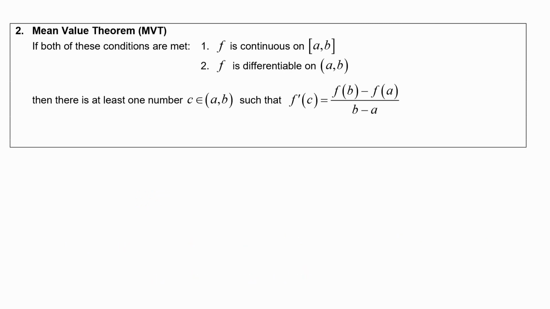Next up, we have the mean value theorem, which we can abbreviate MVT. If both of these conditions are met, first, that f is continuous on the closed interval from a to b, and second, that f is differentiable on the open interval from a to b, then there is at least one number, c, in the interval from a to b, such that f prime of c is going to equal f at b minus f at a over the quantity b minus a.